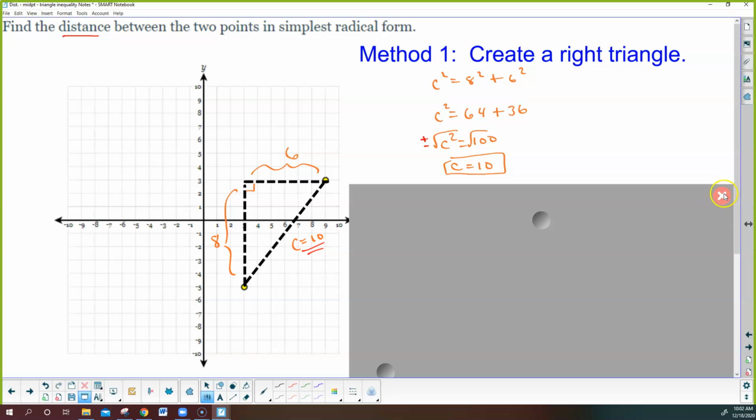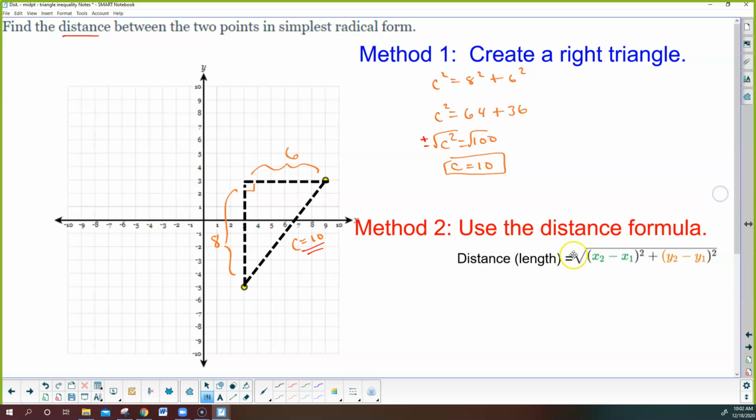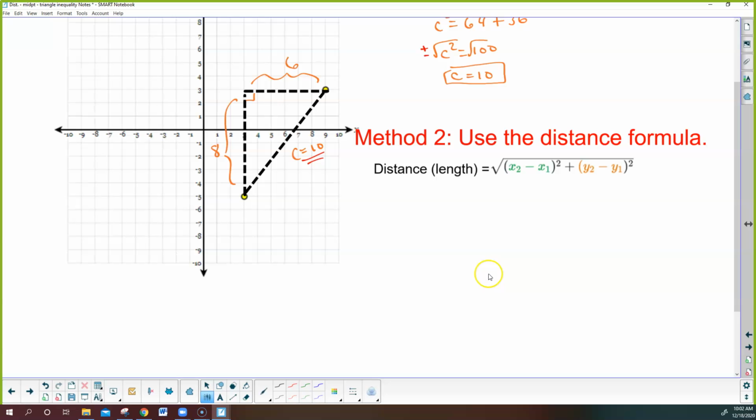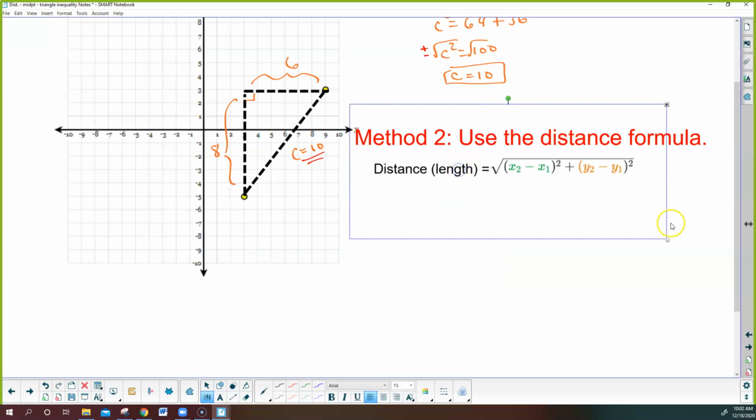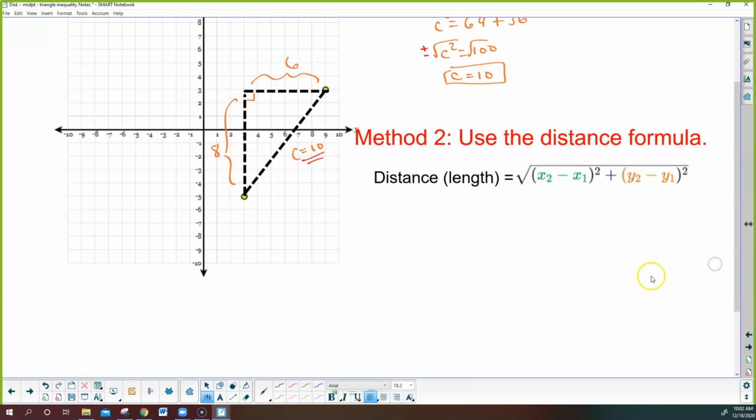Okay, well, how do I do the exact same problem so we know what our answer is going to be? And I like doing this method first because you're going to see there's a reason why we get 64 and 36 and where those come from within this distance formula. So you probably have seen this before, but definitely write this down.